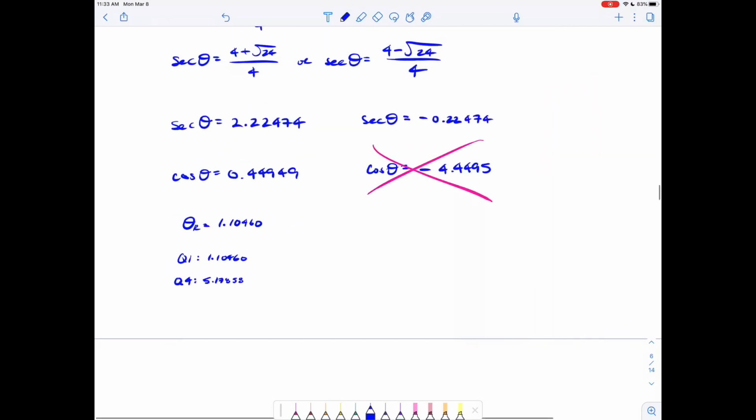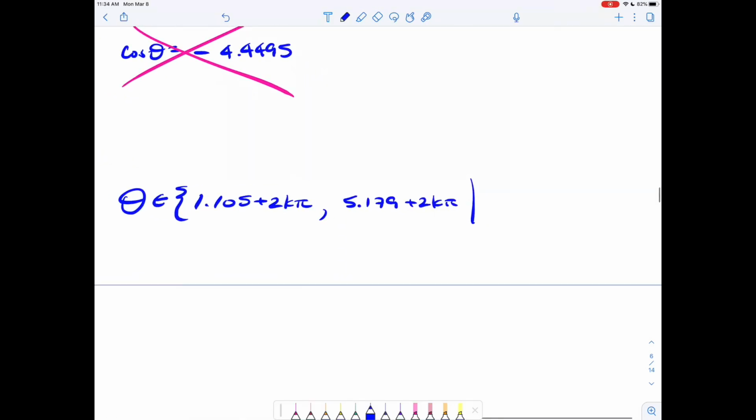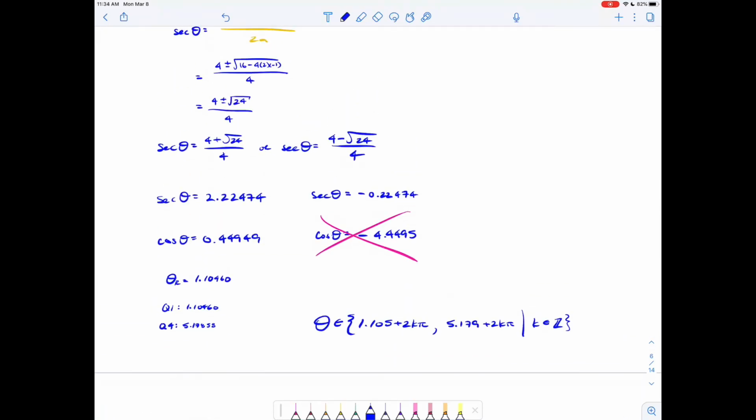All that matters here is that theta could be our first thing, rounded properly, plus anything coterminal to it, or this second thing, 5.179 plus 2k pi. And if it's coterminal, then those k's better be integers. And that is that.